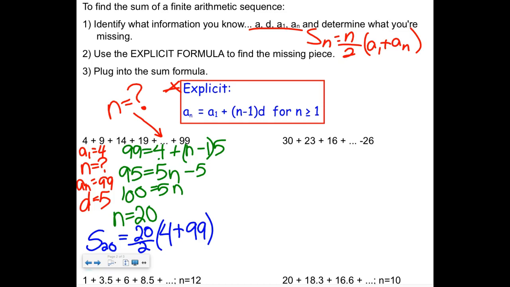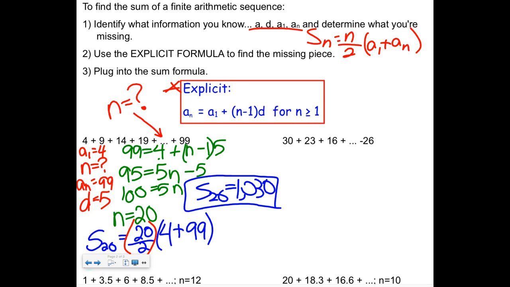If you are going to plug in the whole thing, put parentheses around here. And when we plug this in, we are going to get our S20 equals 1030. So as you can see, that's why we have these equations, because you wouldn't want to say 4 plus 9 plus 14 plus 19 plus, you wouldn't want to do that pattern because that's a very large number.